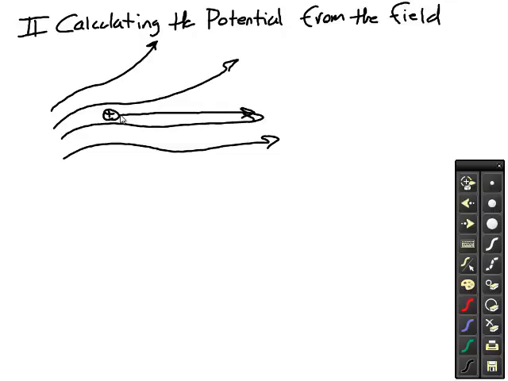Remember, the work done on him by the field equals the negative of the potential difference between those two points. So work done by the field equals negative delta U. And the work done as we go from this point to this point is the force dot delta x.